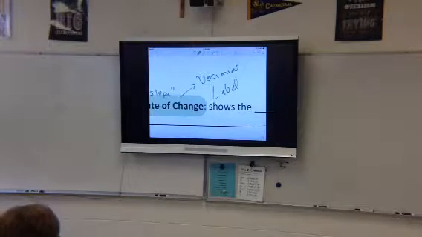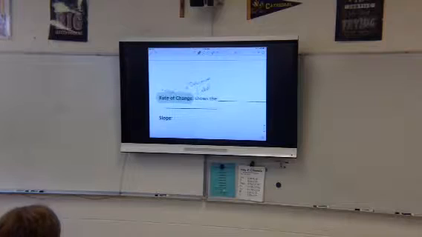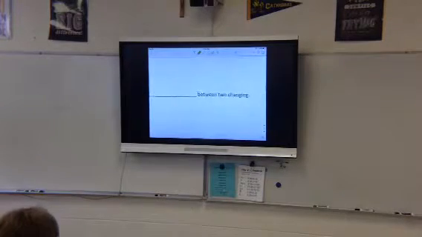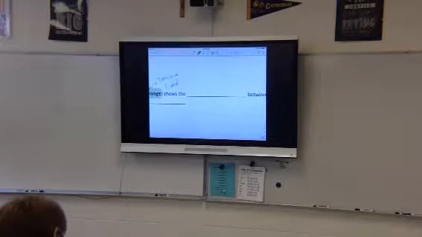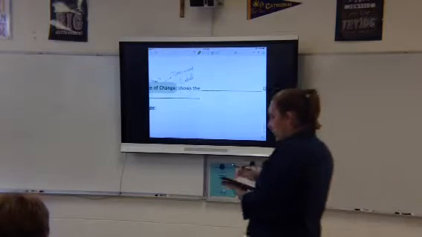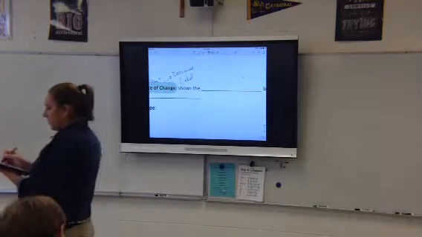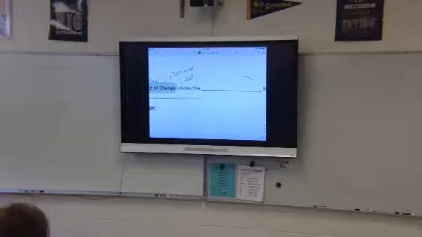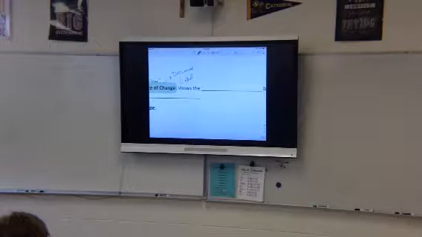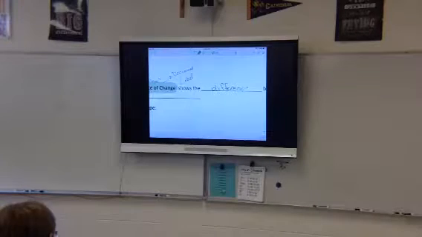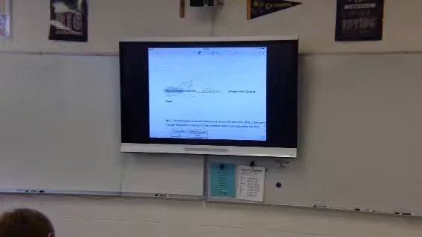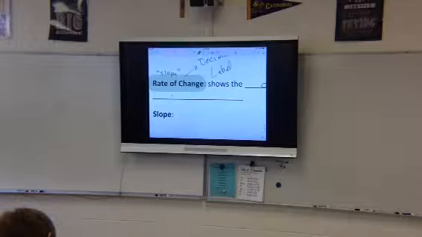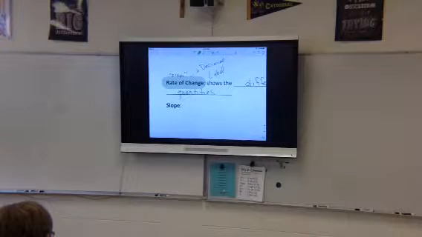We'll talk more about that in a second. But rate of change is usually slope, and it shows the difference, so throwing in your lines here, the difference that we're subtracting, between two changing quantities.